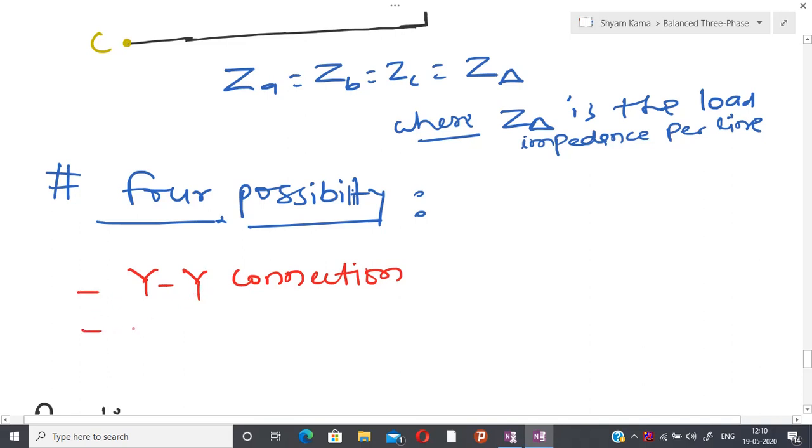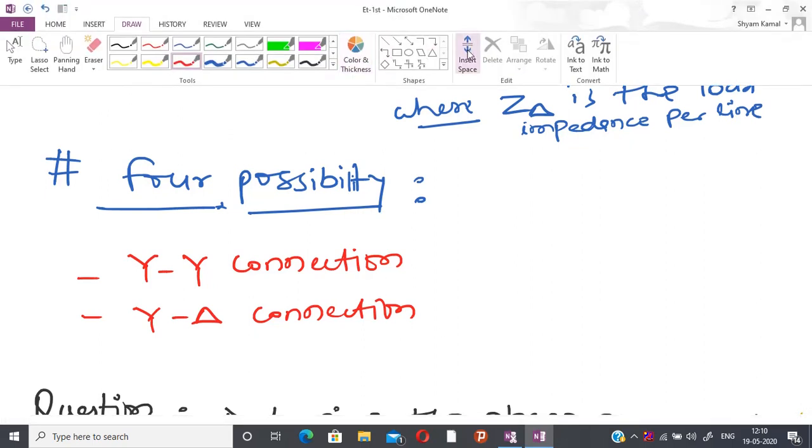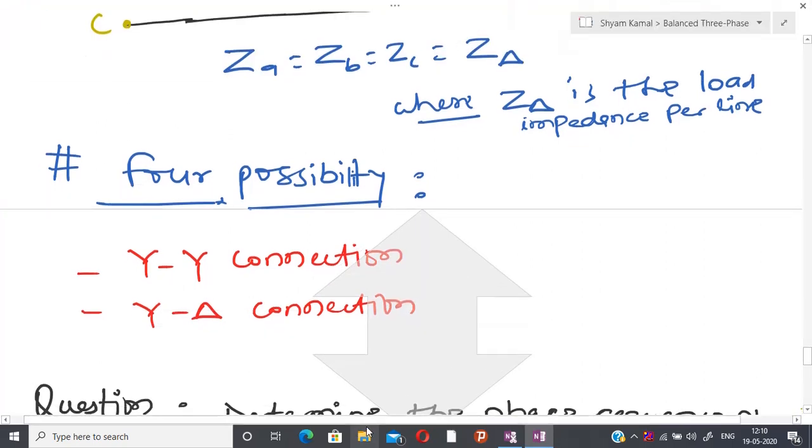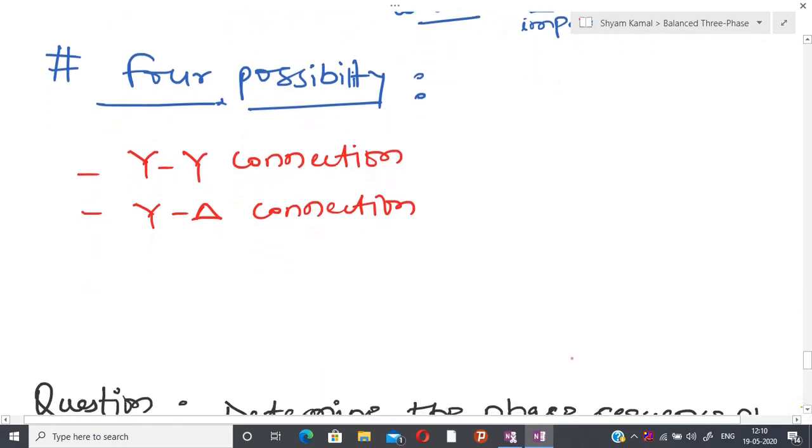Similarly, I have the second one, that is Y and delta connection. So here in the second part, what I am talking about is that now I have the source connected in the form of Y, but the load is connected in the form of delta.